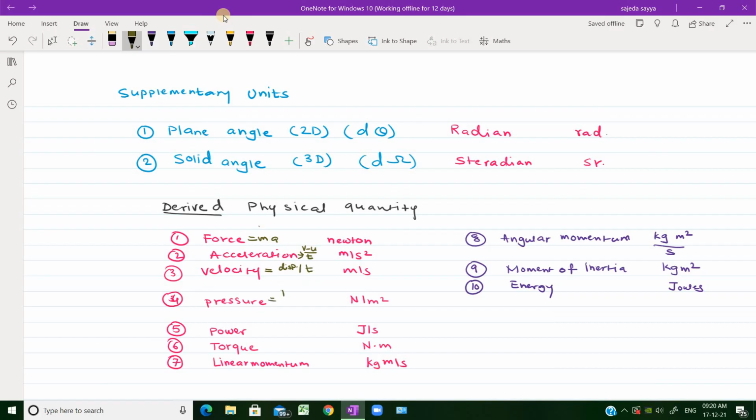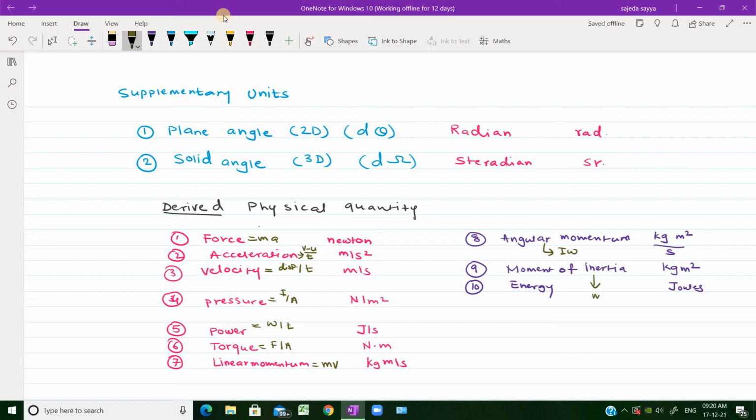Pressure is force per unit area. Power is the work done per unit time. Torque is force into perpendicular distance. Linear momentum is mass into velocity. Angular momentum is I into omega, that is moment of inertia into angular velocity.